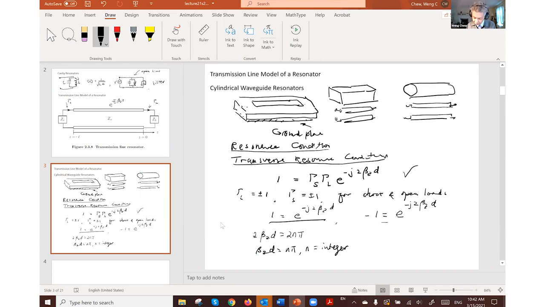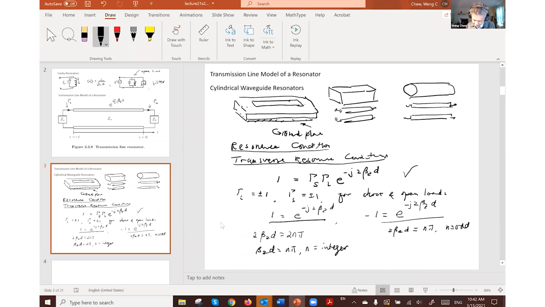However, for the other one, you will have to have 2 beta z d to be n pi, where n is odd. So if you pick 2 beta z d to be n pi where n is odd, then this equation would always be satisfied.